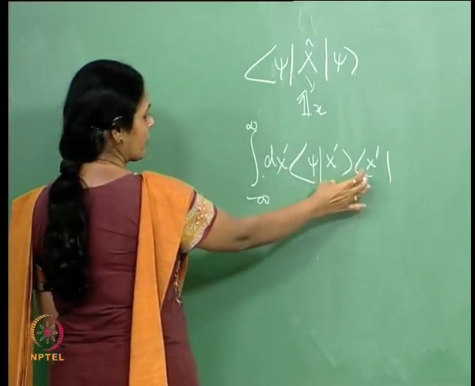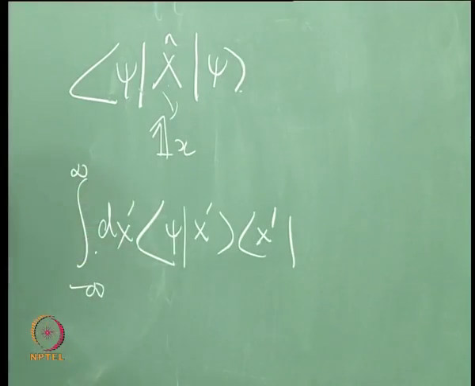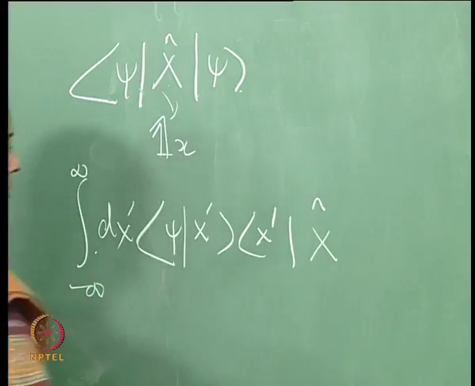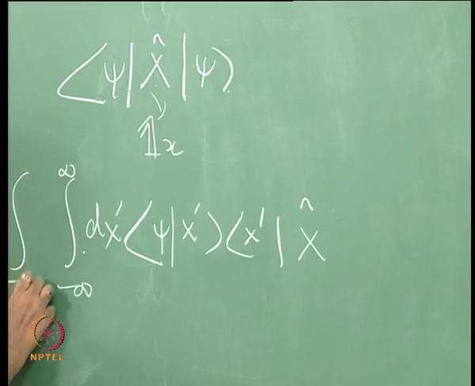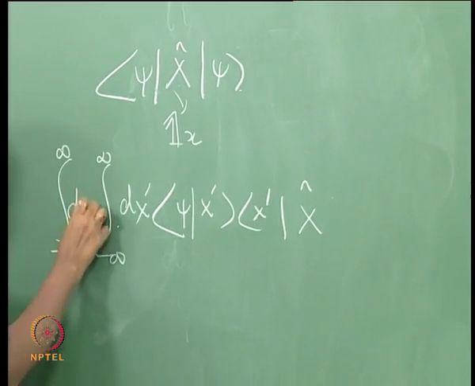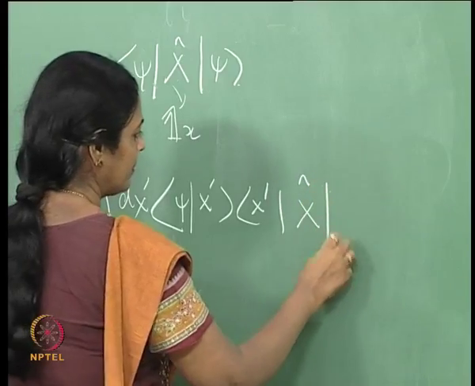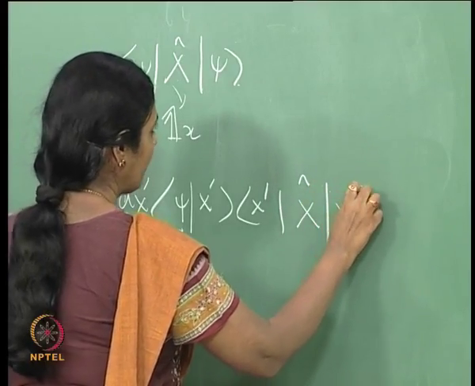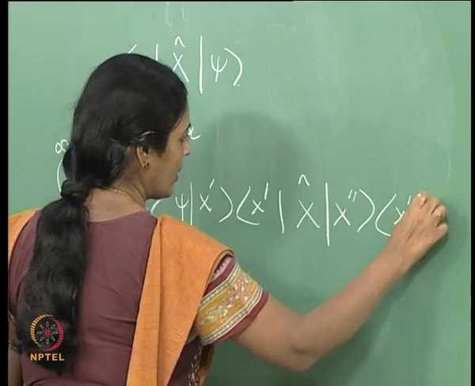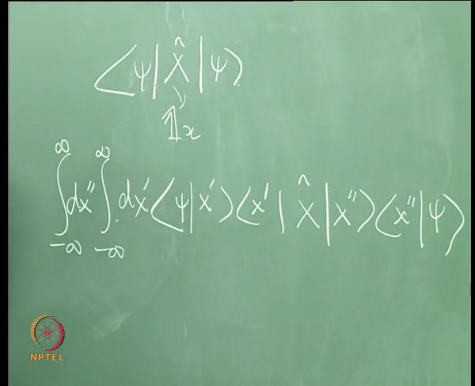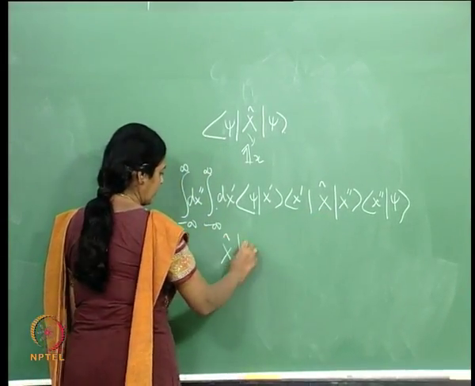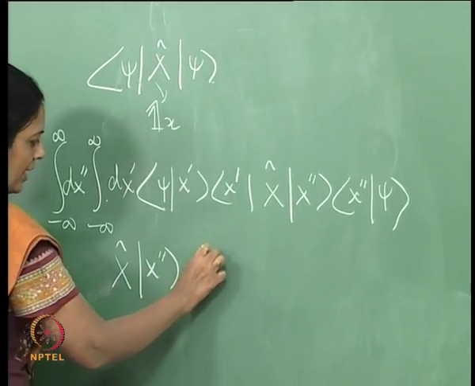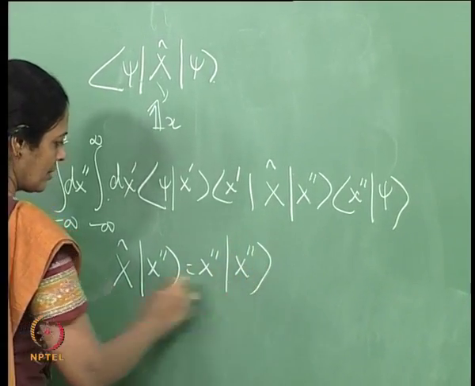Now that is a complete set of states that I have introduced, and then once more here I can introduce another complete set of states, dx double prime, ket x double prime bra x double prime psi. It is clear that these are the position eigenstates, and therefore I have the eigenvalue equation as follows.